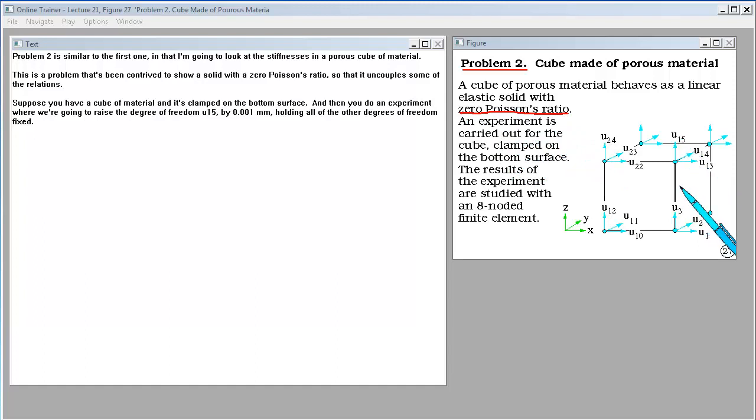Suppose you have a cube of material and it's clamped on the bottom surface, and then you do an experiment where we're going to raise the degree of freedom U15 by 1/1000th of a millimeter, holding all of the other degrees of freedom fixed.